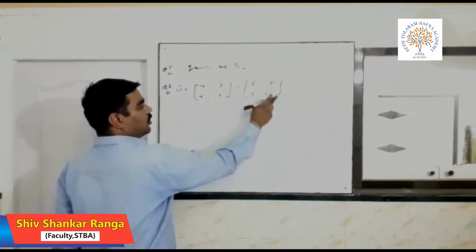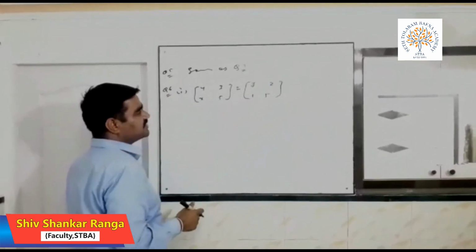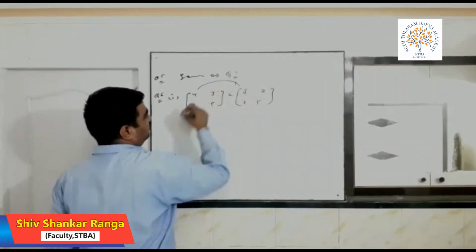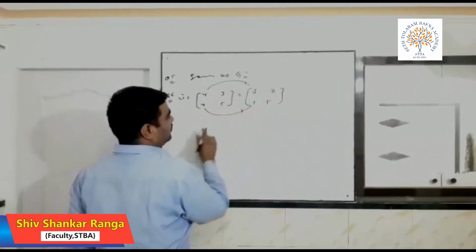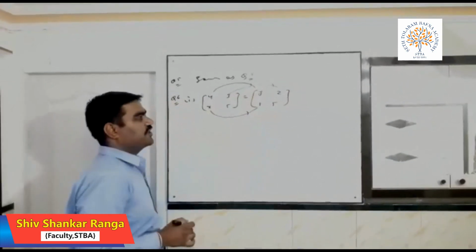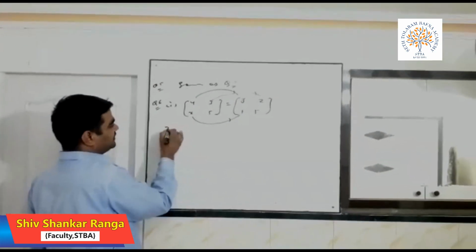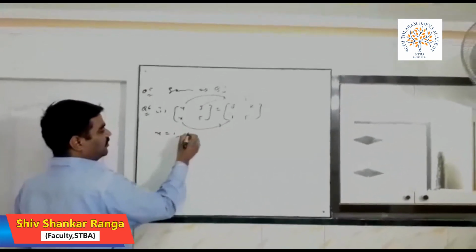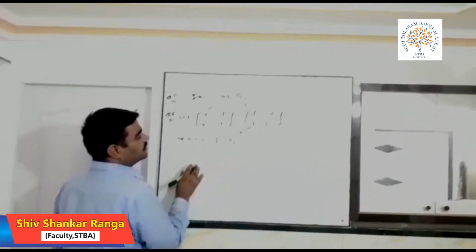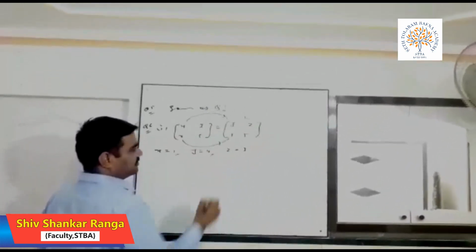Order 2 by 2, order 2 by 2. Both orders are the same, then corresponding elements are the same. Then 4 is equal to y, x is equal to 1 and z is equal to 3 because corresponding elements are always equal. Then x is equal to 1, y is equal to 4 and z is equal to 3.